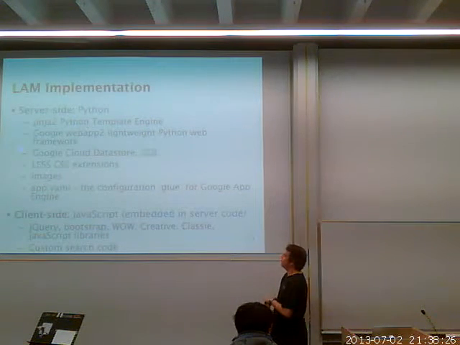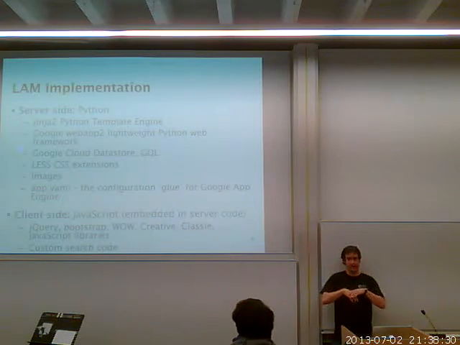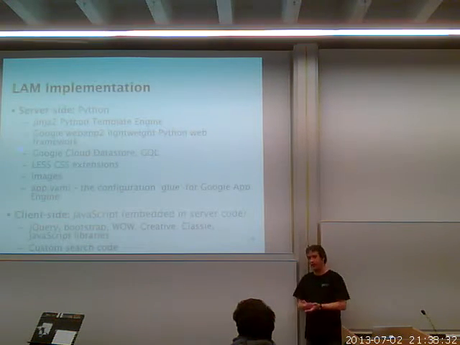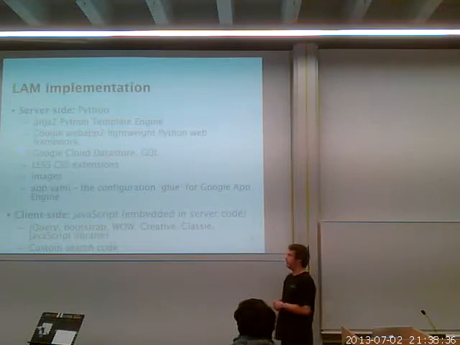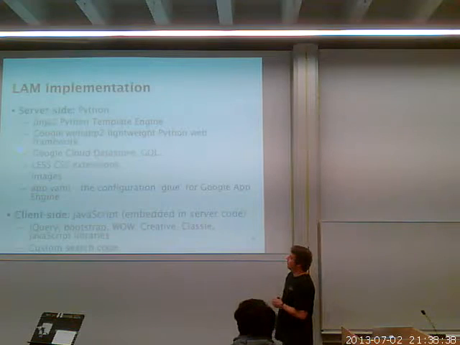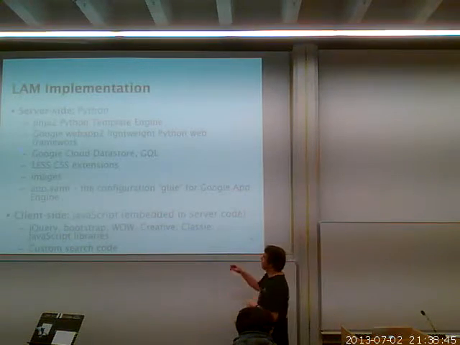There's also the Google webapp2 lightweight Python web framework, which gives you the kinds of things you'd expect to find in a web server, and you can use that to host your web application. I don't think the code we're looking at is too concerned with that.